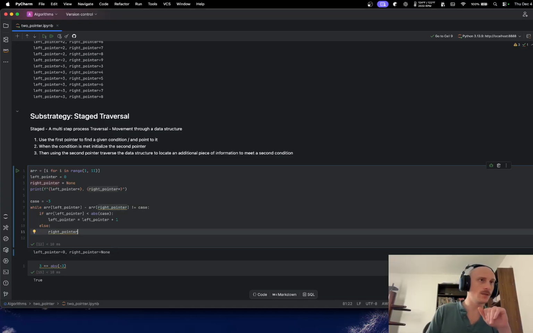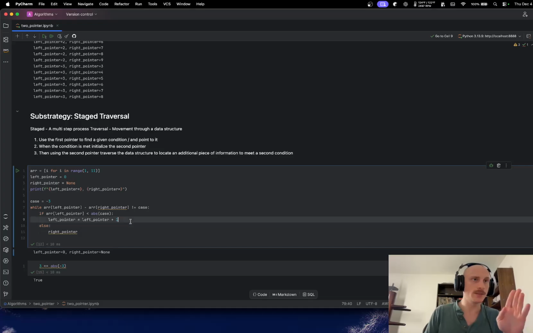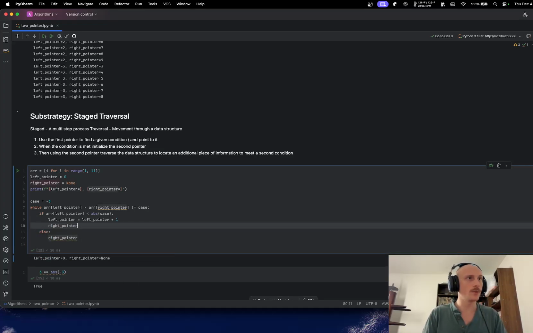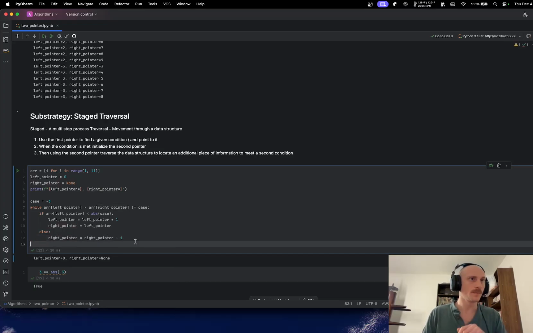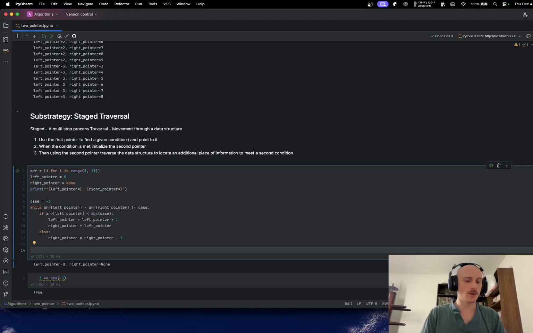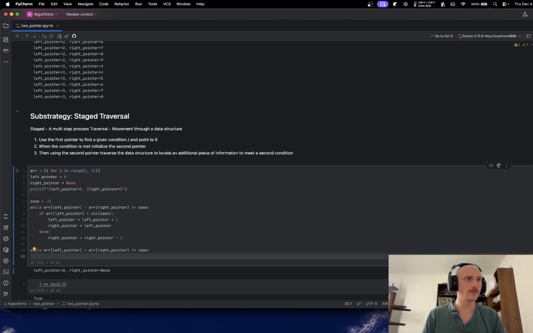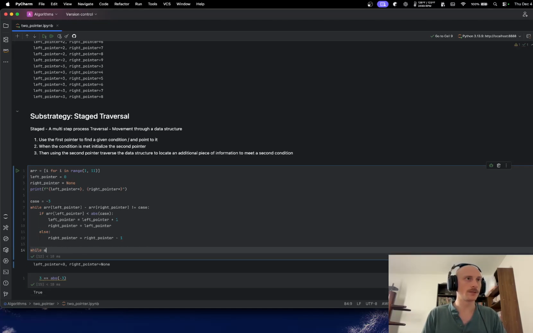So we need to think, we're going to initialize right pointer. So we'll go ahead and say right pointer is equal to left pointer. And then we're going to say right pointer is equal to right pointer minus 1. And then we are going to do our age-old printer. Apparently I didn't spell that right. Grab this.